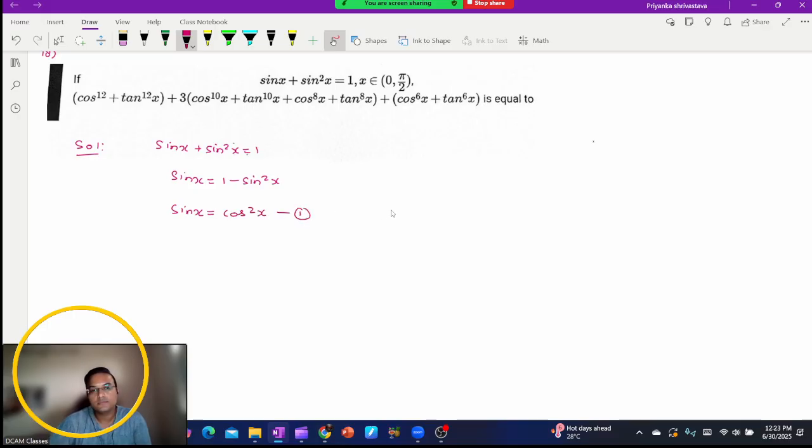Also, sin x by cos x will be equal to cos x. So here I can use tan x is equal to cos x. I'll be using this too.